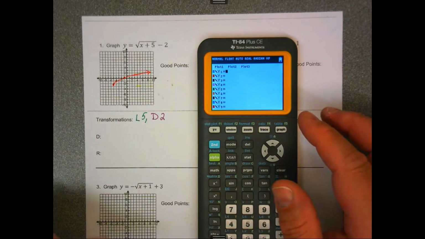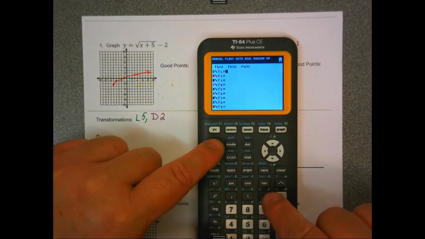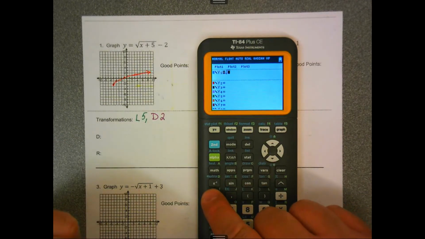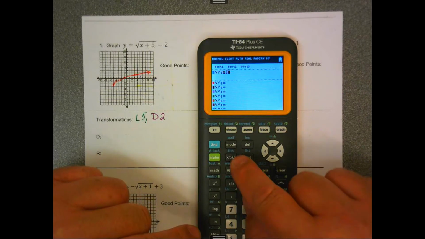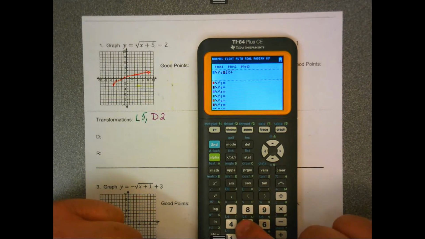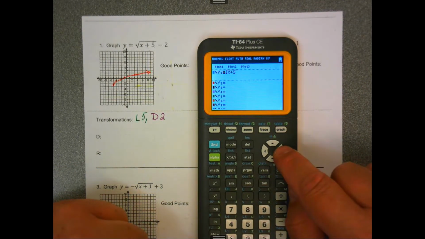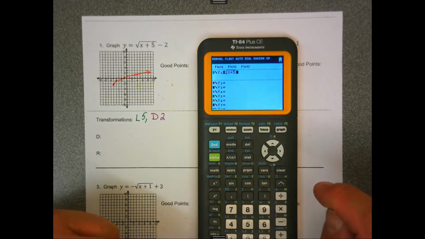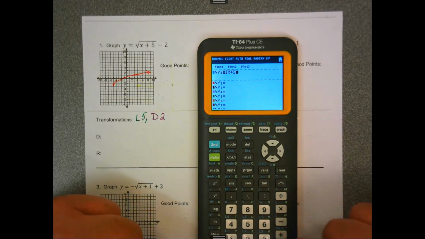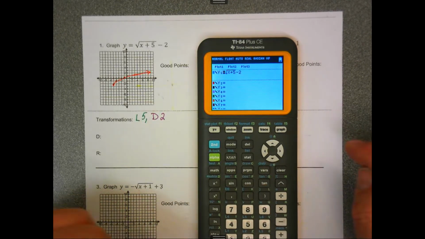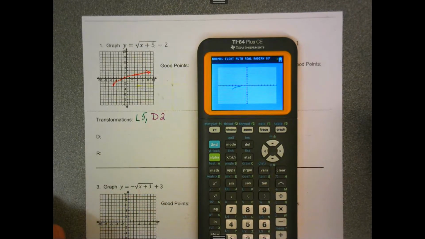So what you would do is put in the square root, second x squared, x plus 5, use your arrow key to get out of that radical, and then -2. I'm going to graph it. So I was a little off here.